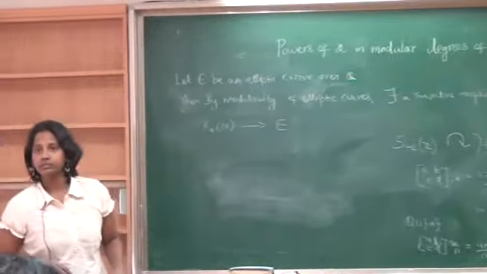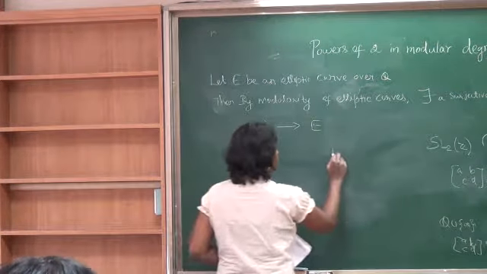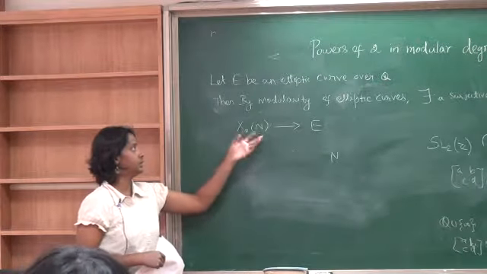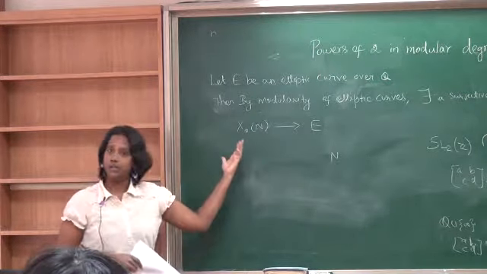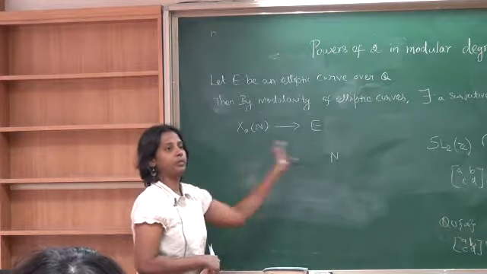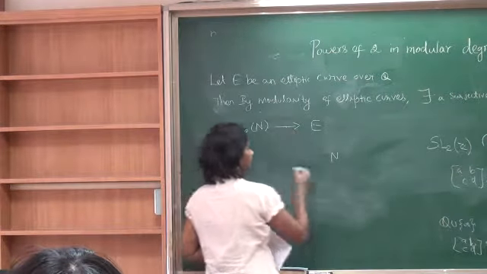Your N should be the conductor. Yeah, thanks. Actually this morphism is not unique, and we can change N also, but for the time being we are taking N to be the conductor. There is at least one morphism from X_0(N) to E. There may be several ones.